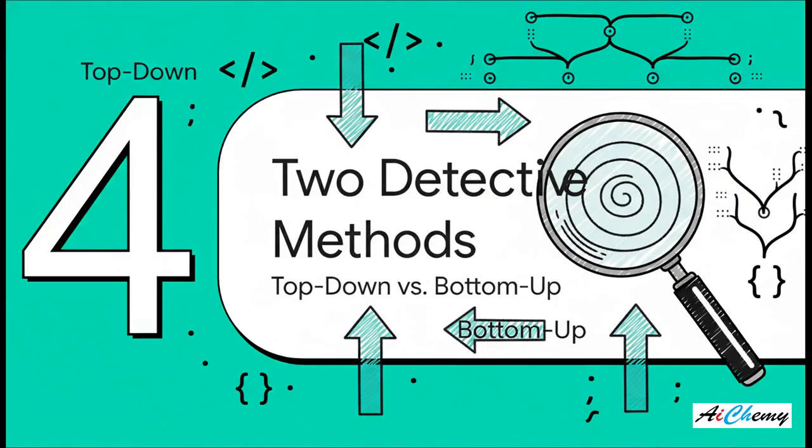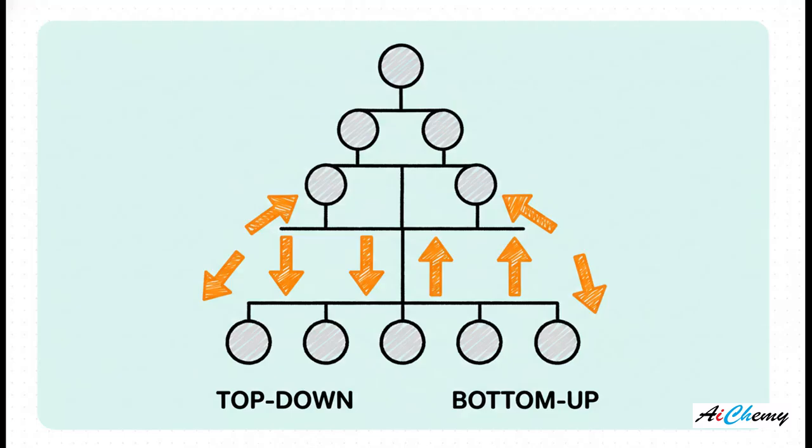Now, what's really cool is that our grammar detective doesn't just have one way of working. There are actually 2 main strategies it can use to solve the case and build this tree. This visualizes the 2 methods perfectly. Top-down parsing is like a detective starting with a theory: I believe this code is a valid program, and then trying to find evidence to match. Bottom-up parsing, which is what we just saw, does the complete opposite.